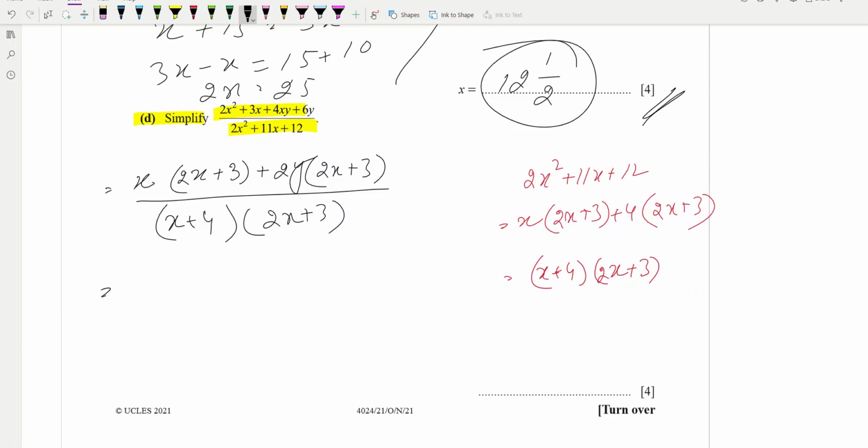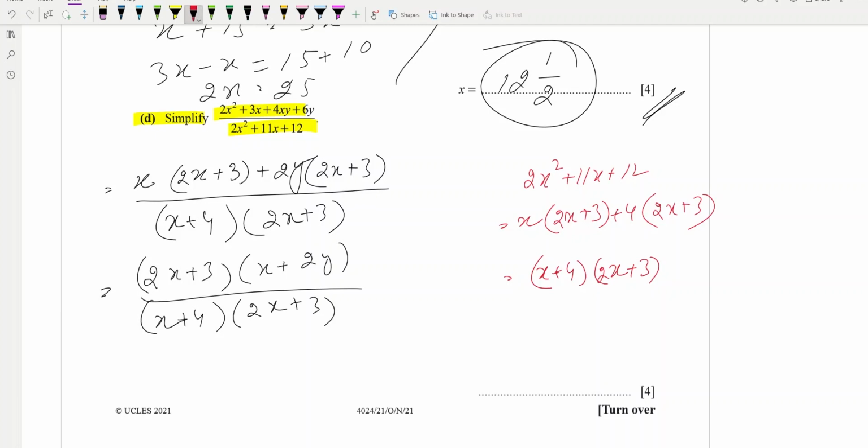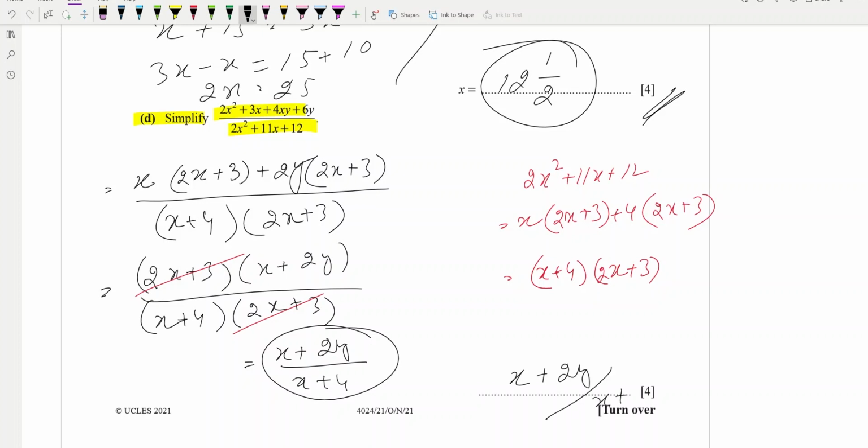In the numerator we can write 2x plus 3 into x plus 2y, and the denominator will be x plus 4 into 2x plus 3. Further we can cancel these two terms, and the remaining will be our answer, which will be x plus 2y over x plus 4. This will be the final answer for this question, x plus 2y divided by x plus 4.